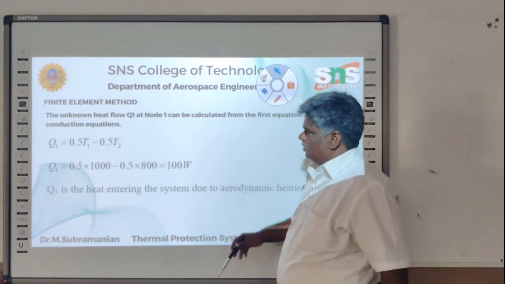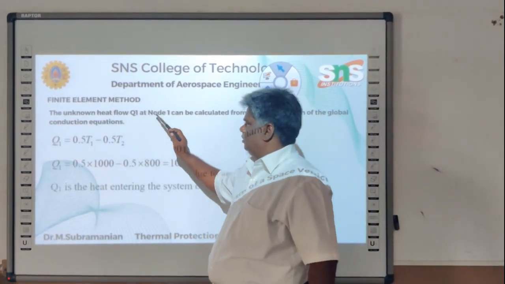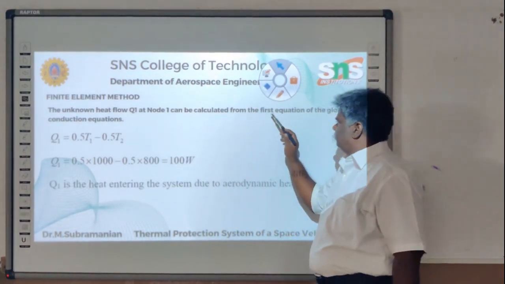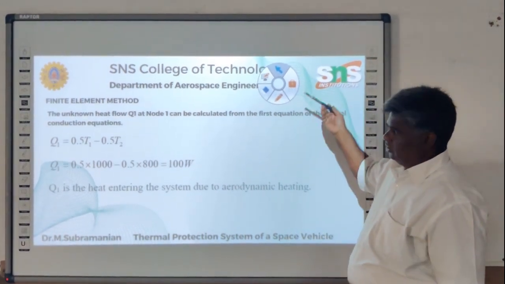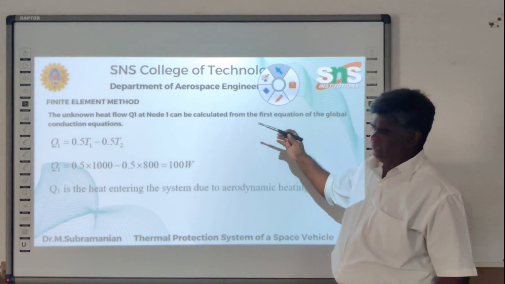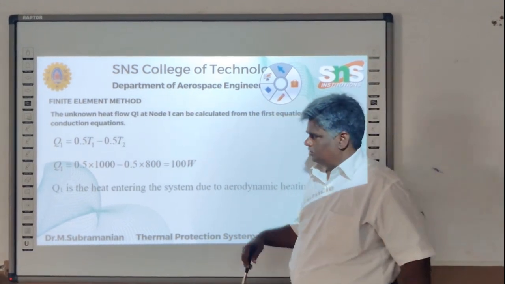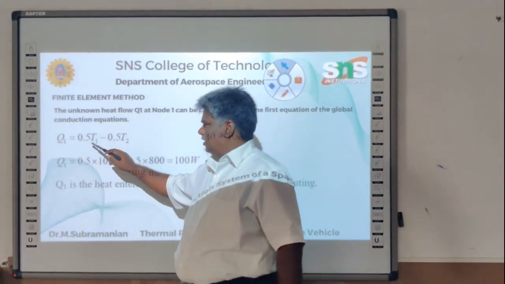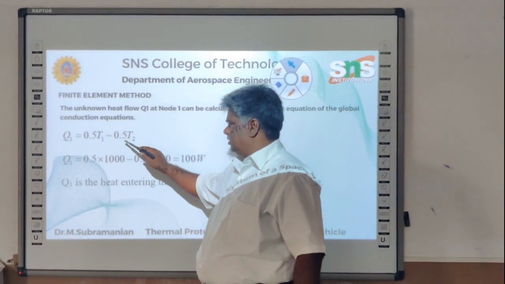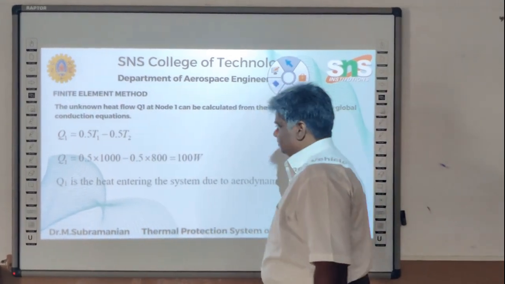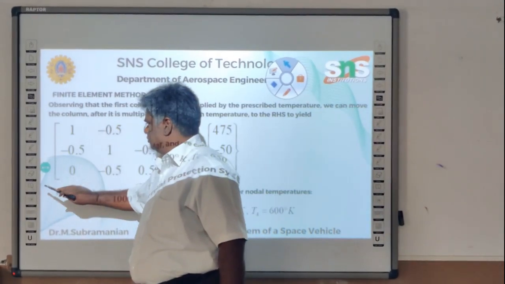The unknown heat flow Q at node 1 can be calculated from the first equation of your global conduction equation. Based on the system of FEA equations, we get 0.5 into T1, 0.5 into T2. How have you obtained this equation?